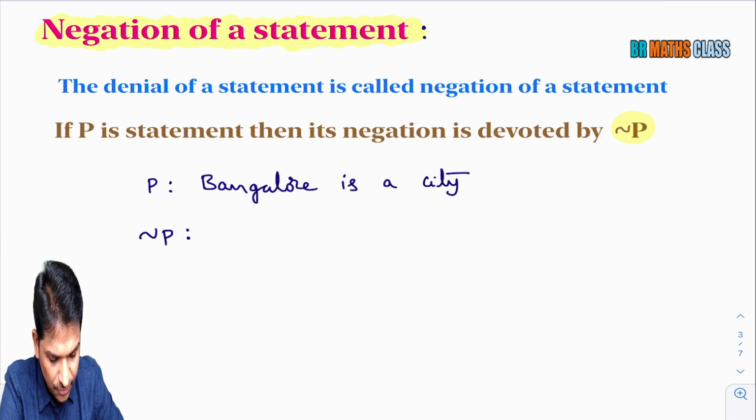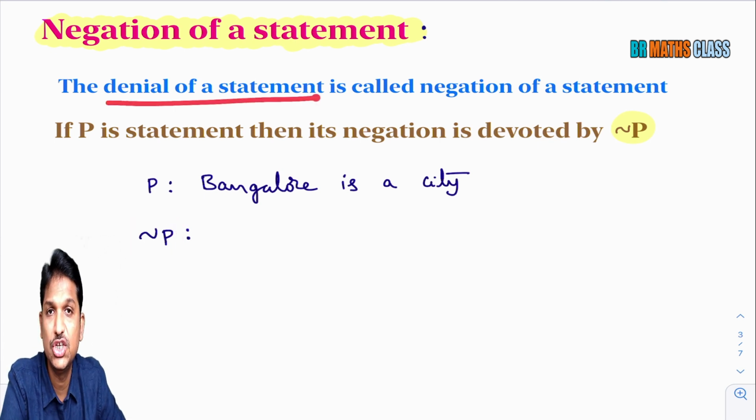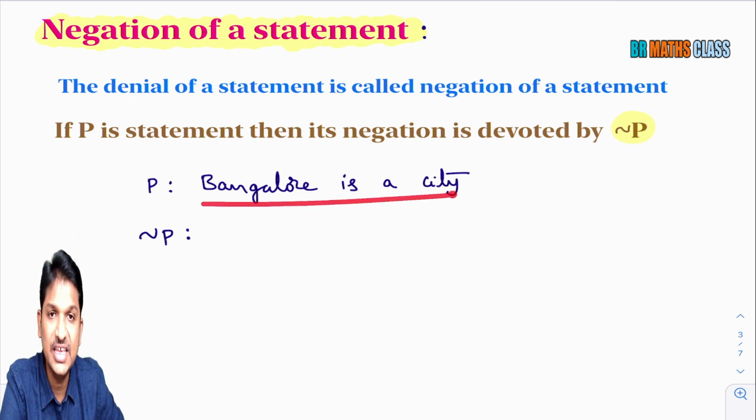The denial of this statement is called negation of a statement. That means saying no, refusing that statement. For example, Bangalore is a city is a statement. What is the negation of this? I need to refuse this statement. That means I'll simply say that Bangalore is not a city.